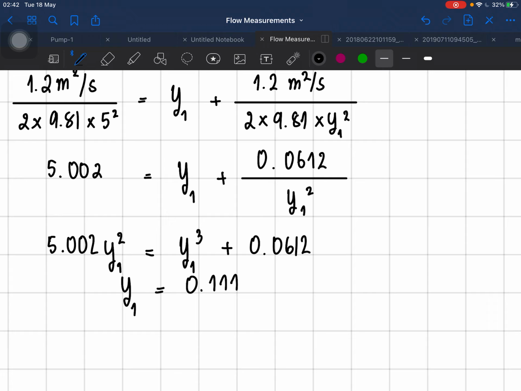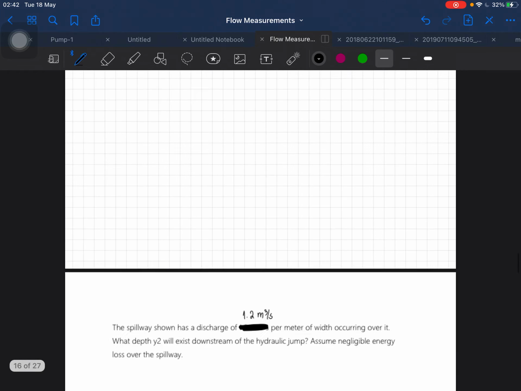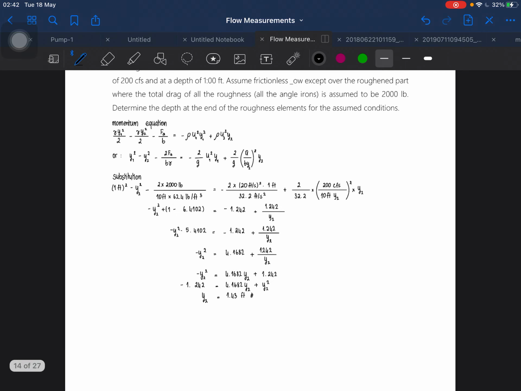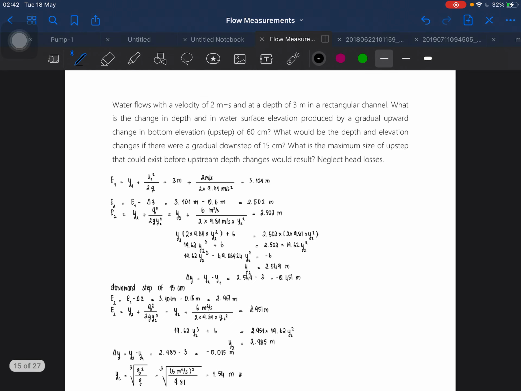We actually have conditions in selecting the depth, because we normally get 3 roots, right? But we can see that if it's minus, it's impossible. So we need to look at which one is supercritical and which one is subcritical. That's why in the previous exercise we were trying to find which one is the supercritical and which one is the subcritical one.